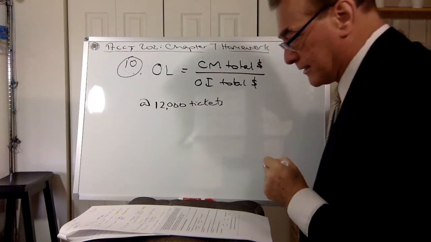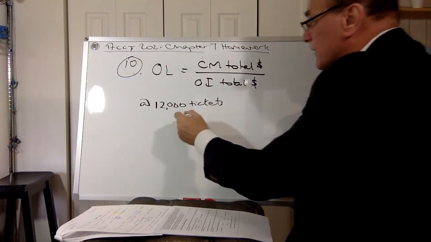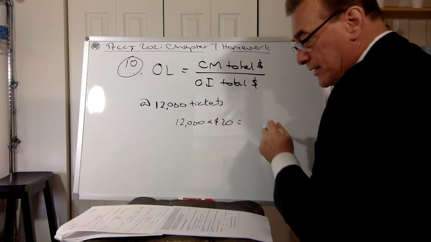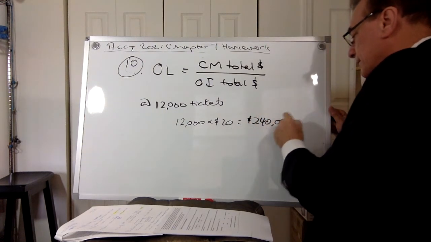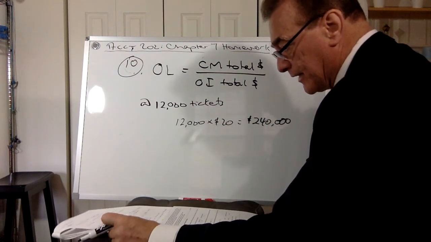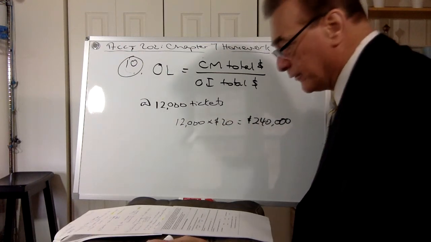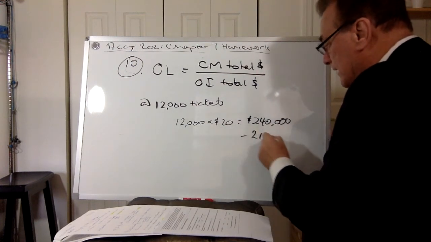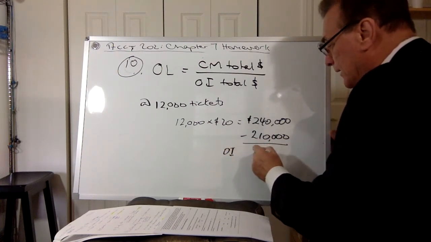We take our 12,000 and the contribution margin is $20, so 12,000 multiplied by $20 gives us contribution margin in total of $240,000, right? And then we subtract the fixed costs, same, $210,000. So that means our operating income at that point is $30,000.